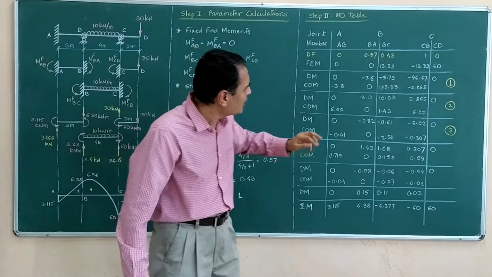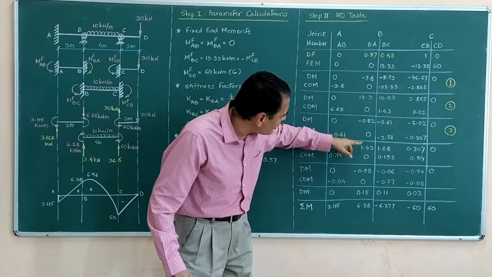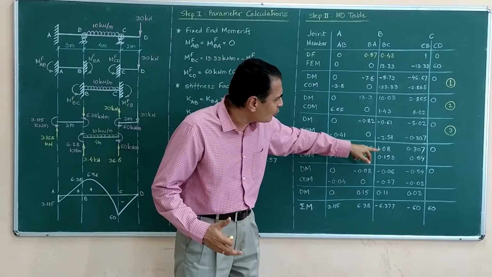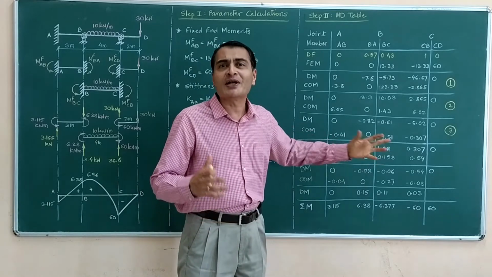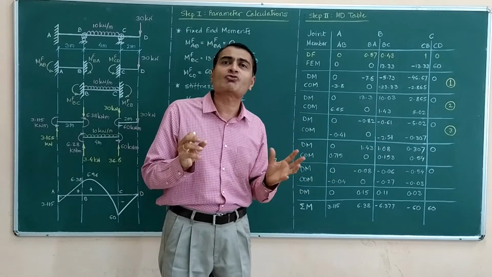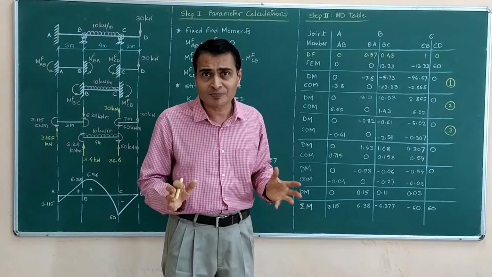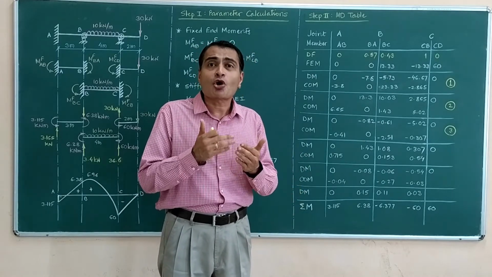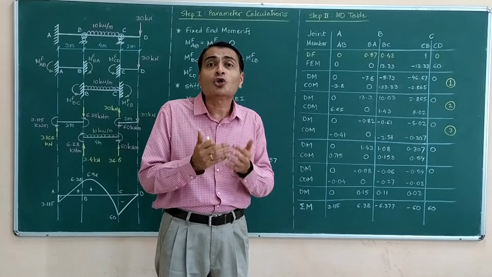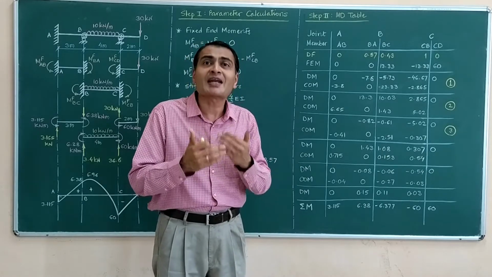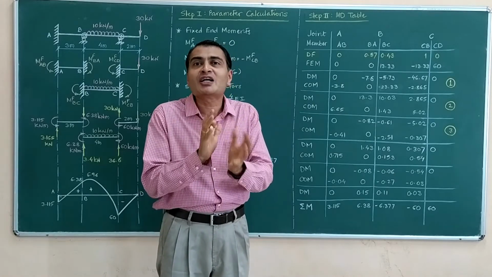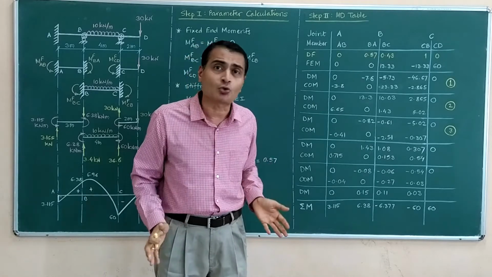For example, when I add these values, up to here I get 6 point something, and on the other side I am getting 8 point something. So there is a difference of about 2 kilonewton meters. So you see, this is the technique, this is the process of iterative convergence, that we carry out iterations and eventually we converge at the balancing equal and opposite values.